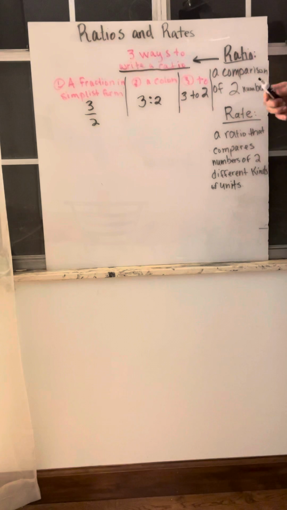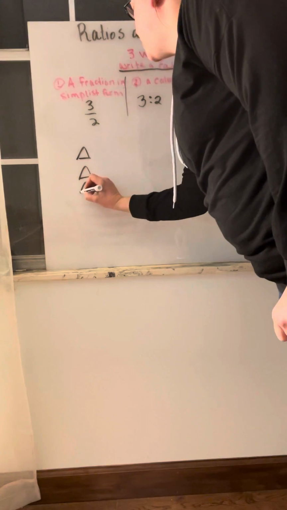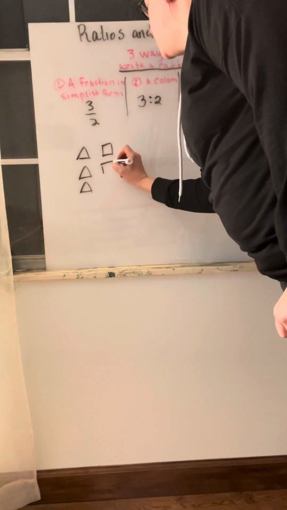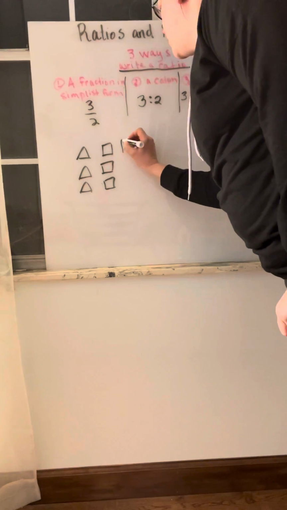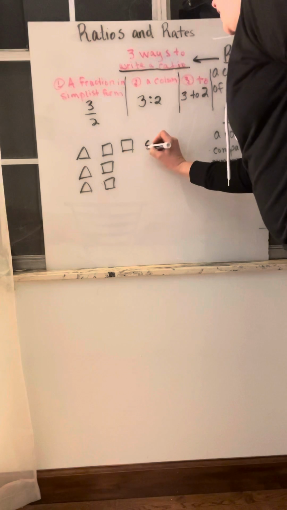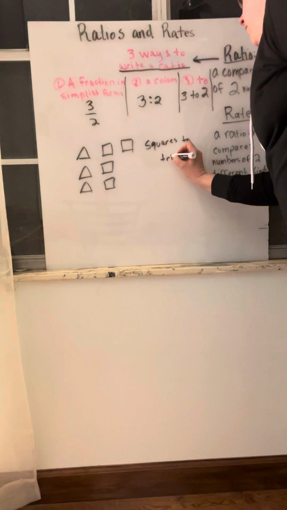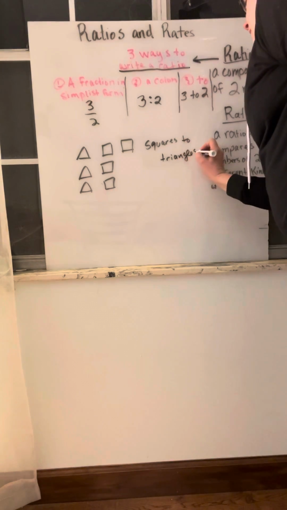All right? A rate, again, is a ratio that compares numbers of two different kinds of units. Like, again, apples to oranges, or squares to triangles. Okay? So I could say, if there are 1, 2, 3 triangles and 4 squares, and I ask the ratio of squares to triangles, how would I write that?